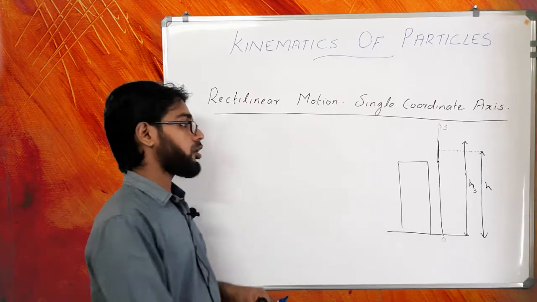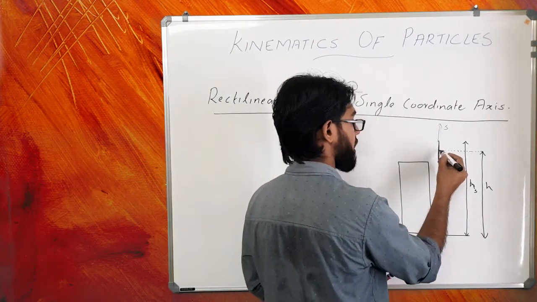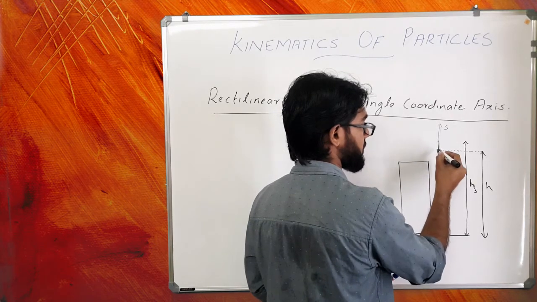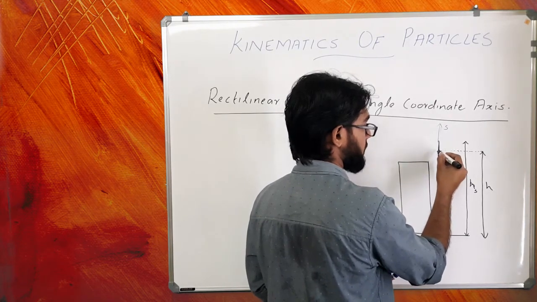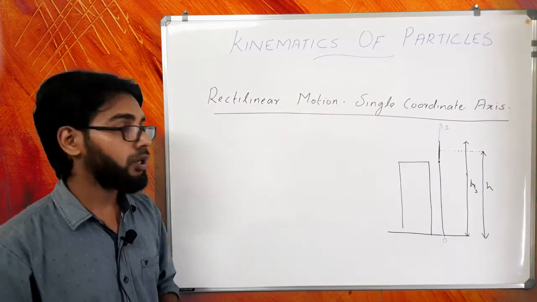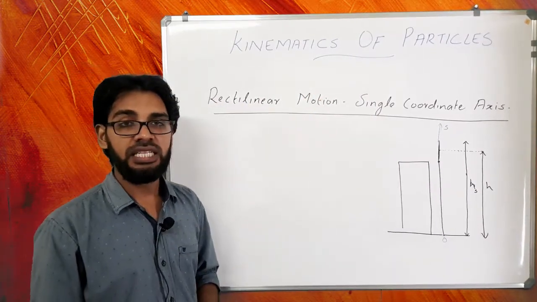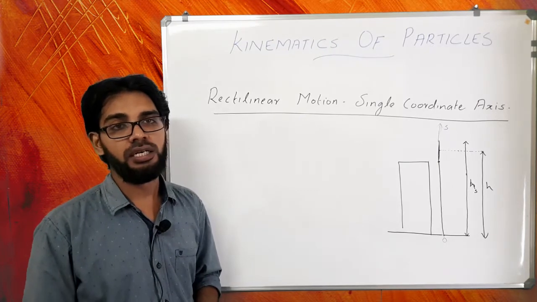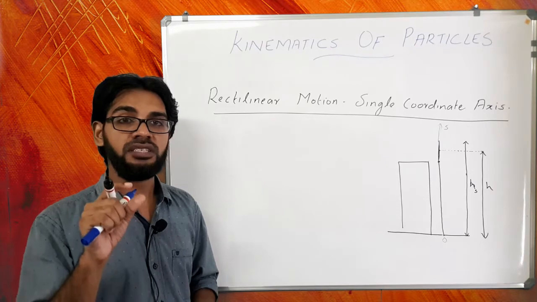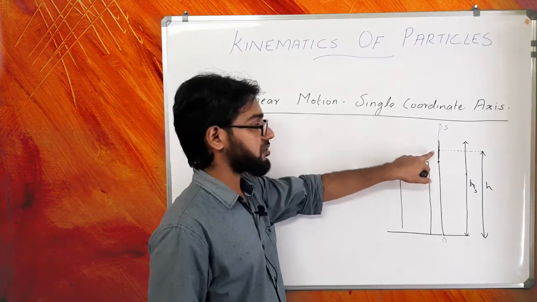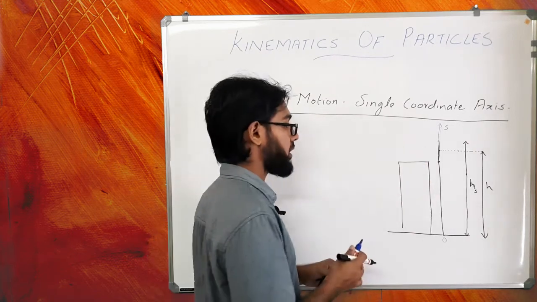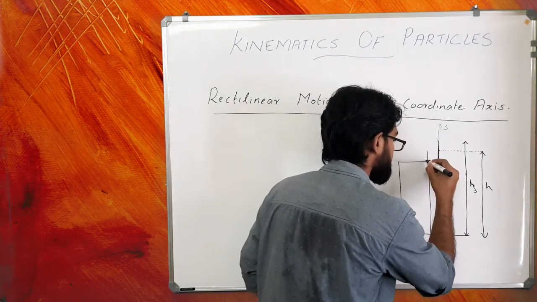Now the ball covers this point twice. Once when it goes up, it will cover this point, and the other when it comes down, it will cover the same point during its flight. Now in both these cases, the displacement described by the particle, when it is at this point, initially it was here, will be delta s.